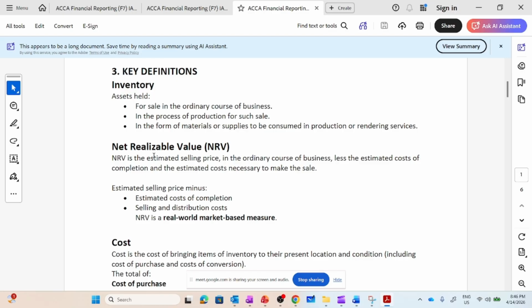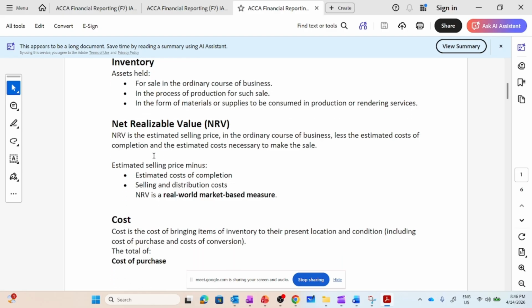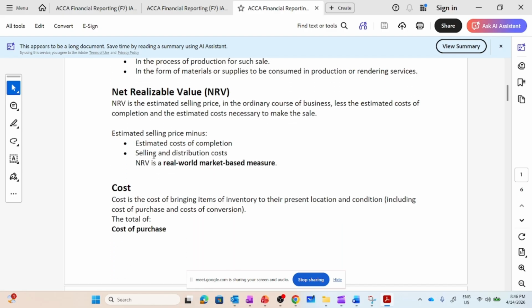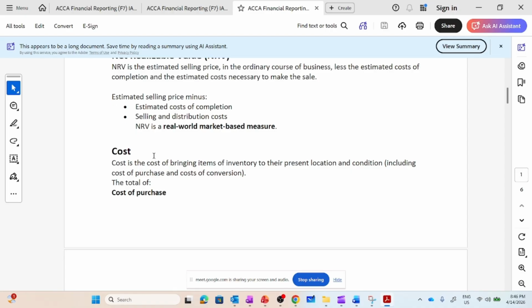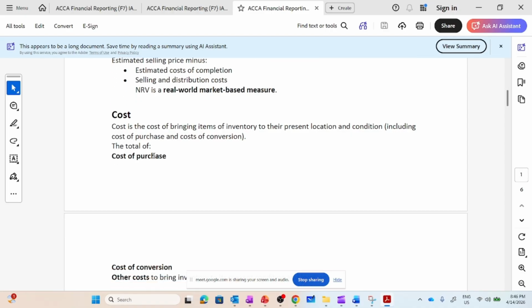Every sale, the cost that you are going to incur to make that sale, you are going to deduct it from the estimated selling price. So it can be the estimated selling cost, distribution, whichever. So now, for the cost, we need to know what components of cost you are going to include as part of the cost of the inventory, because it's very much important. We should not overstate the value of our inventory, because overstating the value of our inventory has significant impact on the financial statement.